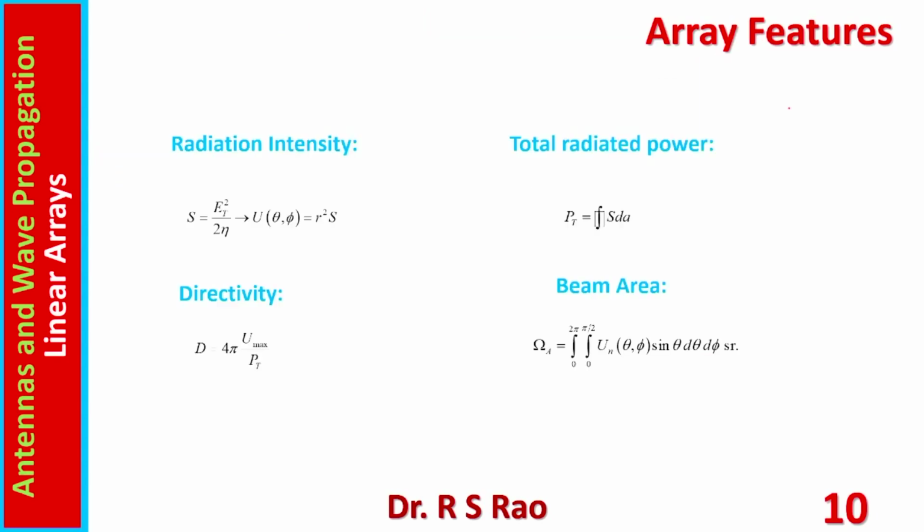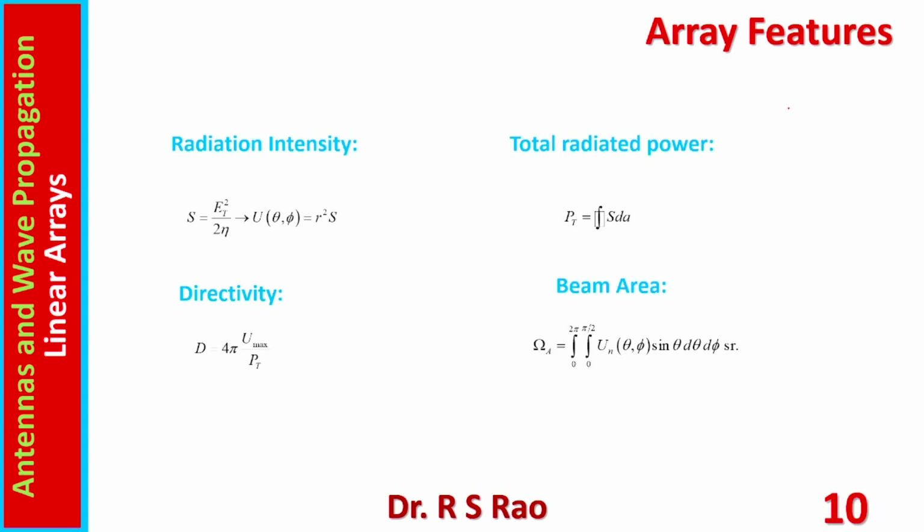After having some understanding regarding array modes and grating lobes, now we move to array features. As already mentioned, arrays are a group of antennas operated as a single unit. So an array is an antenna. It works as a single individual antenna. Inside there may be several antennas, but it can be looked upon as a single antenna.